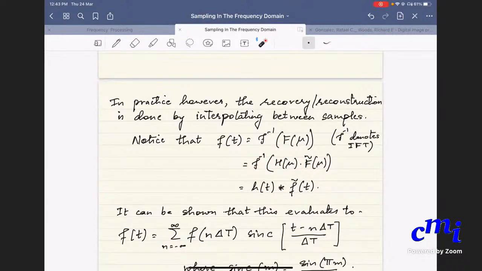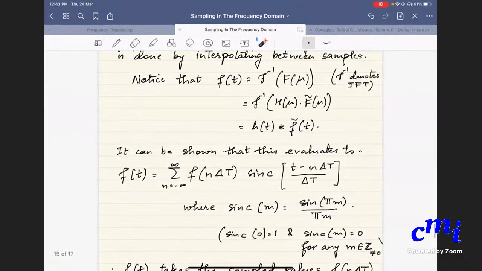So the inverse Fourier transform of this product is the same as h of t convolved with f tilde, right? Because multiplication in the Fourier domain is convolution in the spatial domain. So this and this are a Fourier transform pair.